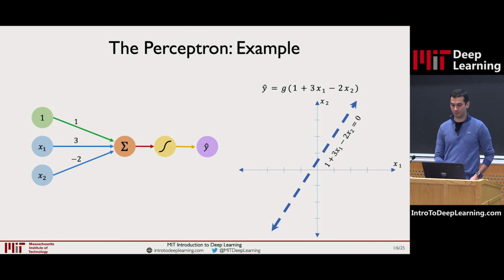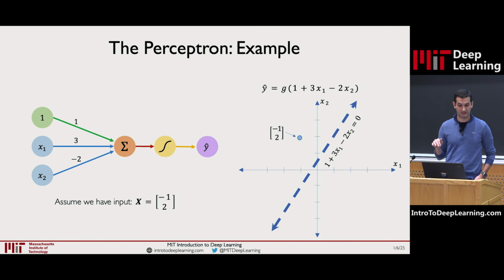So let's say, for example, that I had this new point on this x1, x2 space, at point -1 by 2. We can see graphically exactly where on this plot it falls with respect to the line.